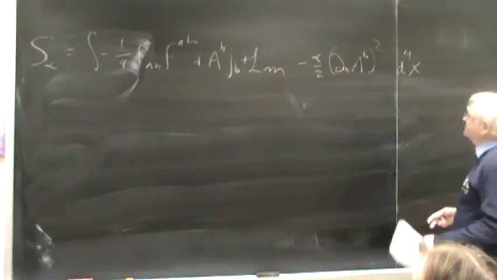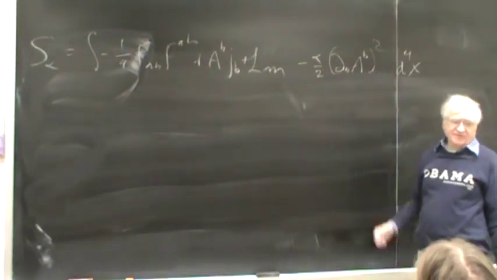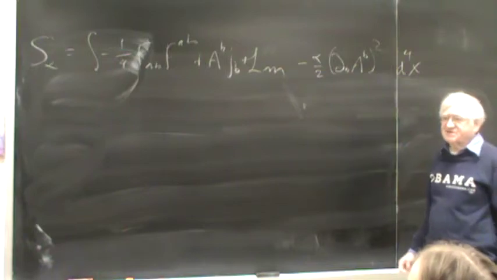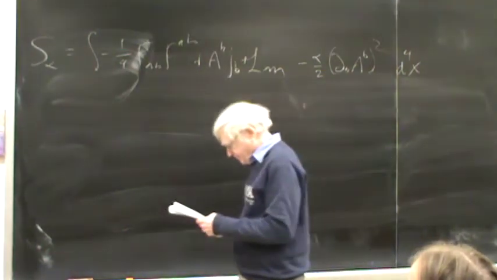So now we have an action that's not gauge invariant. It's gauge fixed, but it has this Lorentz invariant form. And so we fix the gauge in a Lorentz invariant way.